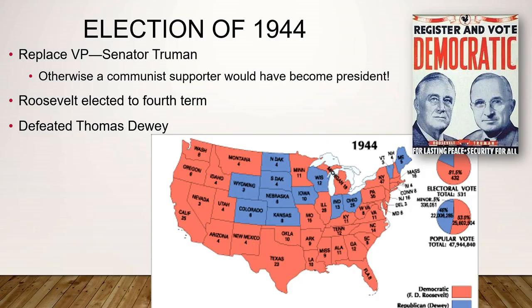Now, if you know you're unhealthy and possibly going to die, and you have a new vice president, how would you treat that vice president? If you're a person thinking beyond your own ego, you would make sure that that person is in every meeting, knows everything that you know, so that they could step into your shoes on a moment's notice.